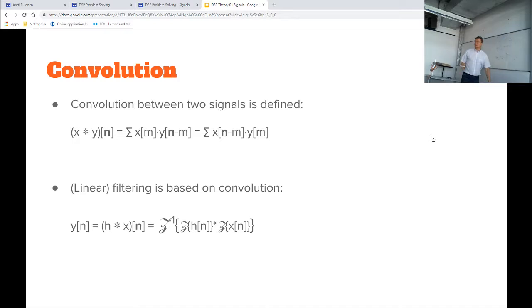So that's where we need the convolution. And that gives the reverse time operation on the second parameter here. Nothing fancy. It's just calculation.